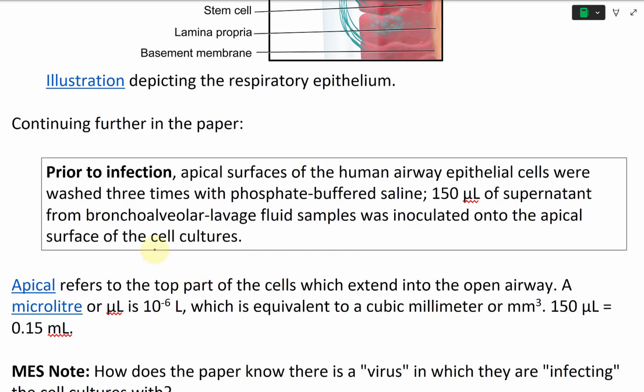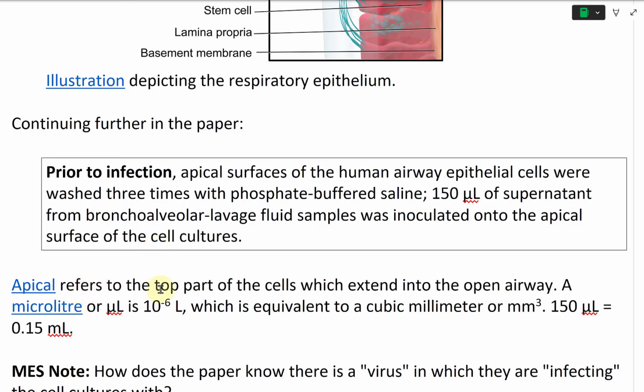So you have the cell cultures, they get washed 3 times with this phosphate buffered saline solution. And then you have this 150 microliters of the supernatant from those airway fluid samples. And then you would, quote, inoculate or, quote, infect those cell cultures.